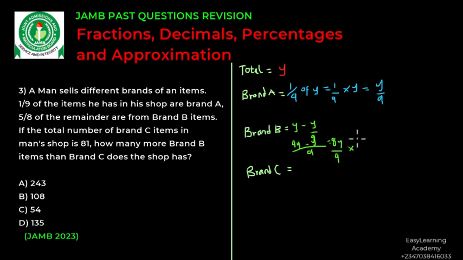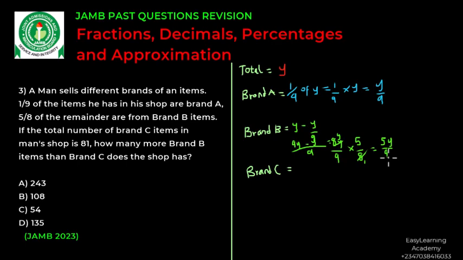The 8 cancels itself, 8 into 8 is one time, and 8 into 8Y leaves Y. So what we have for brand B is 5Y all over 9.